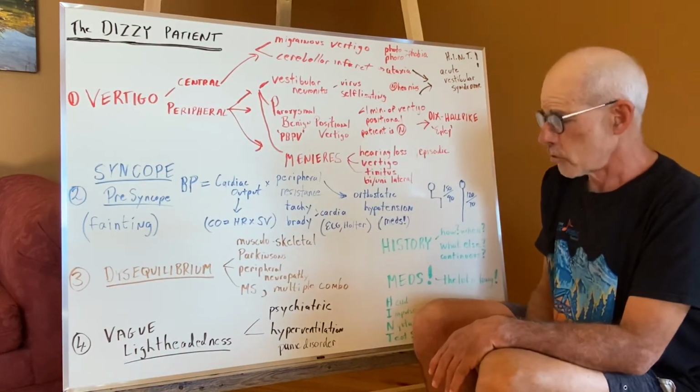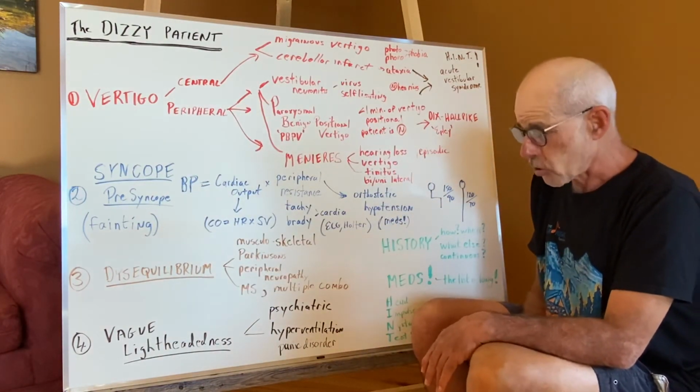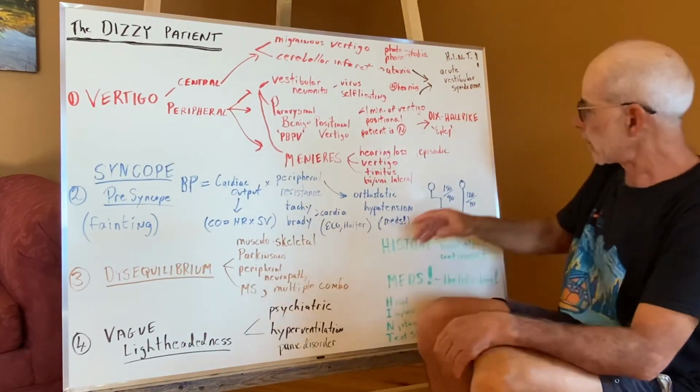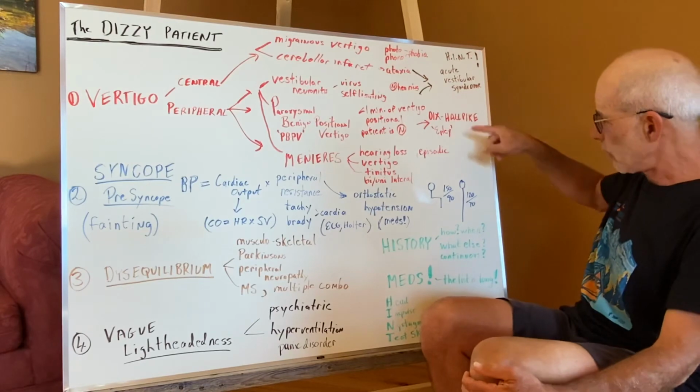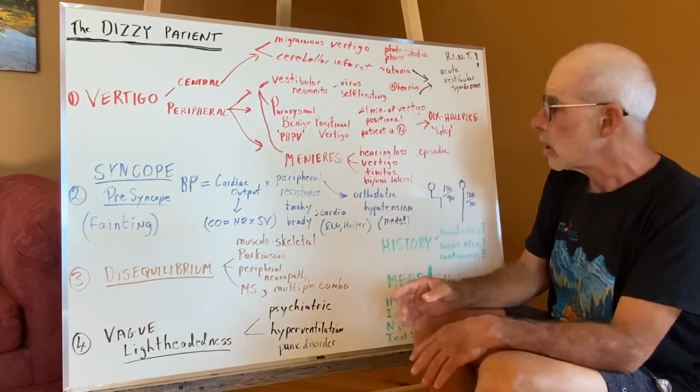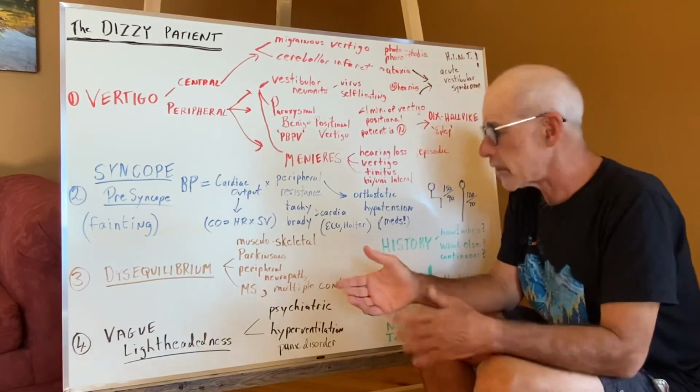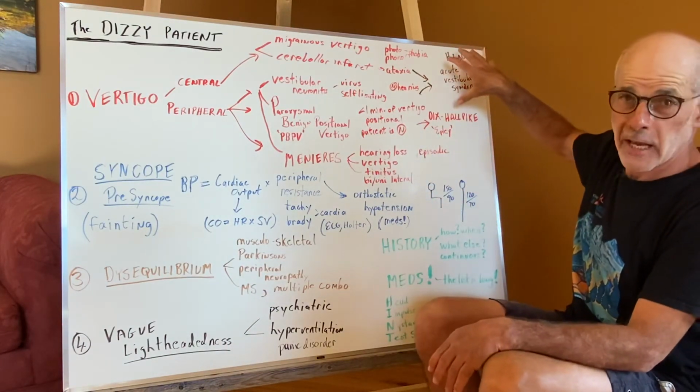Then for physical examination, if the patient's not dizzy and it's episodic, then you're going to be doing Dix-Hallpike and Epley maneuvers. If it's a continuous dizziness and the patient's quite incapacitated, then you have to do the HINTS exam.